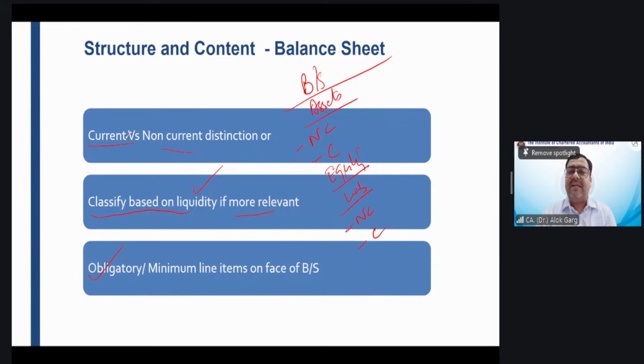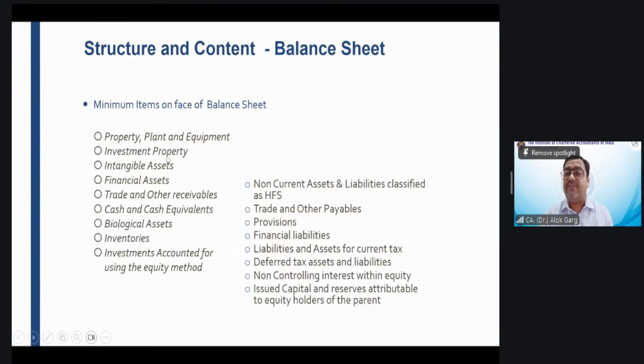So as rightly mentioned by Swanlatha, in our IGAP financial statement, whether we were auditing or preparing, we were only referring Schedule 3. Accounting standard we were referring for the purpose of accounting, transaction, accounting treatment, disclosure, right? But as far as the presentation and the format is concerned, nothing was given in AS1. But Ind AS 1 also prescribes the minimum line items, the obligatory line items, on the face of the balance sheet.